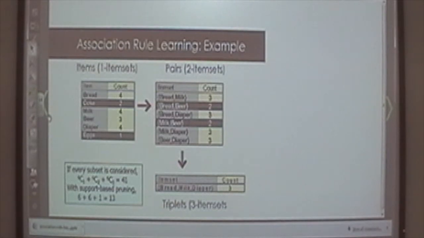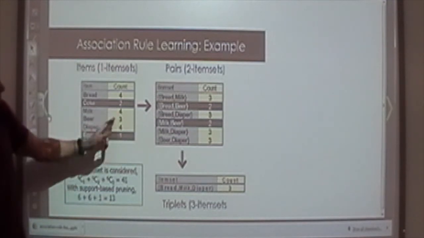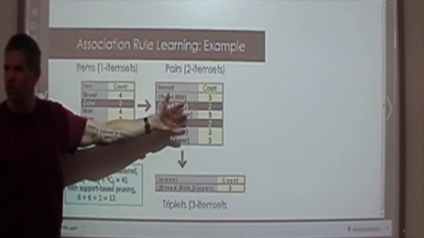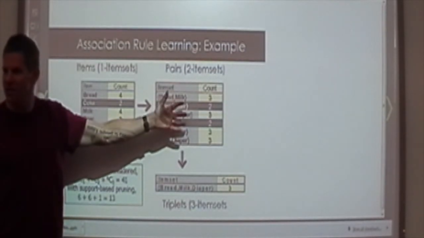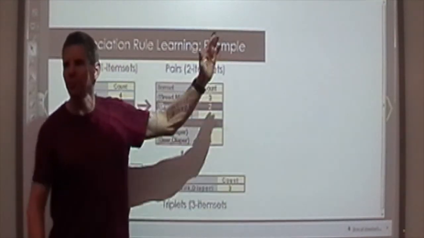So at each stage we generate our item subsets from the previous stage, and then we count their support. We prune, generate the next larger size sets, prune that, generate the next larger size set, prune that.